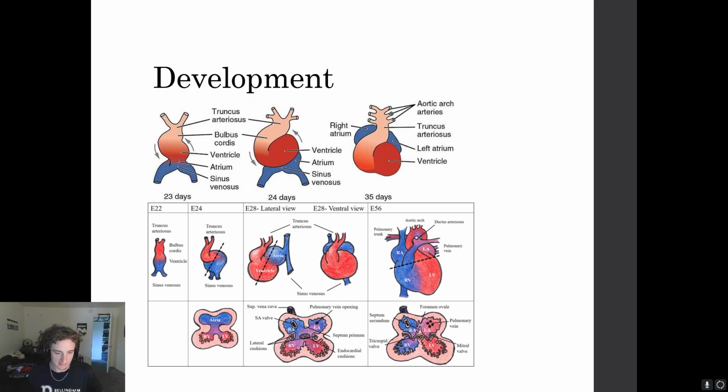And then taking a section, we'll see some more defined openings into the atria, which have the septum forming to separate them. And then we also have these endocardial cushions, these lateral cushions, and then an endocardial cushion that are developing in through to form the septa, right?